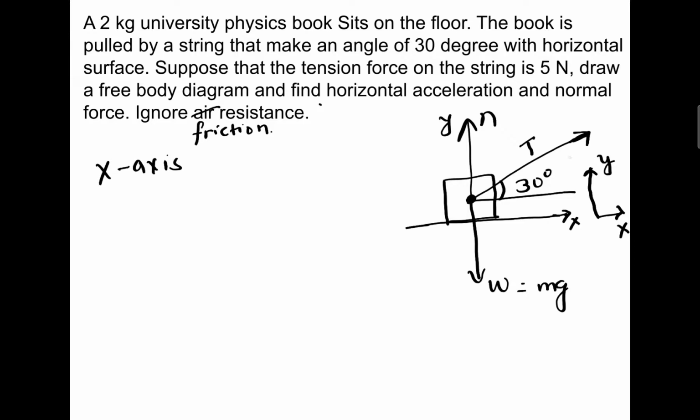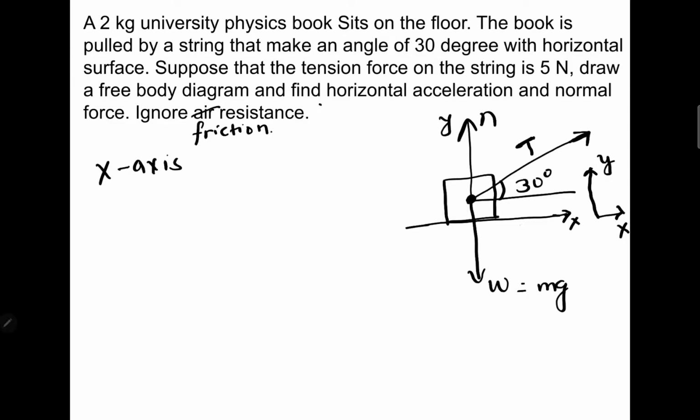So the only force responsible for the motion along the x-axis is the tension, right? There is no other force acting on this particle, this book, and this tension force is acting at 30 degrees with the x-axis. So we need to split this vector into its components, the x component and y component.